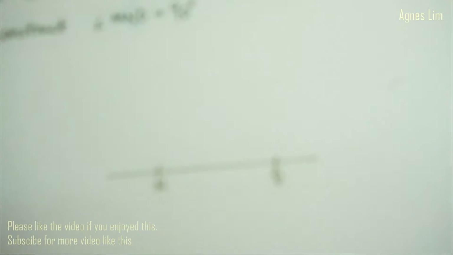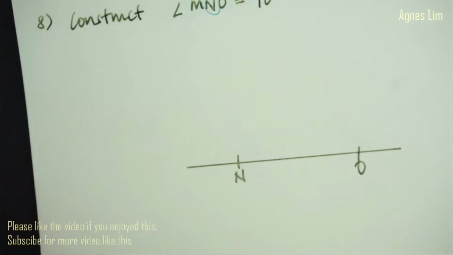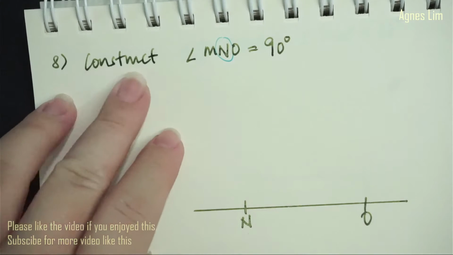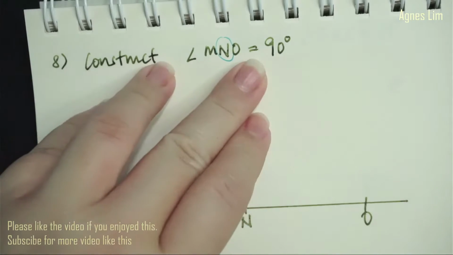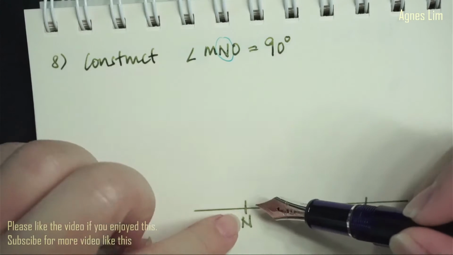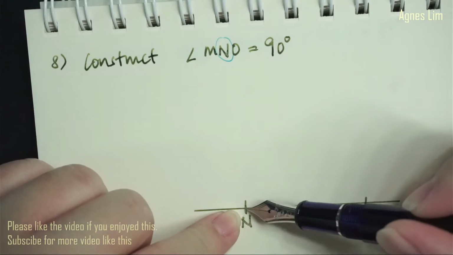Right, the next method that I'm going to show you is the one that we already learned from the bisector. So for this example, construct angle MNO equals 90 degrees. MNO, N is in the middle, means that we need to start here.